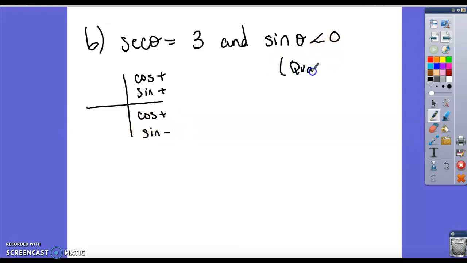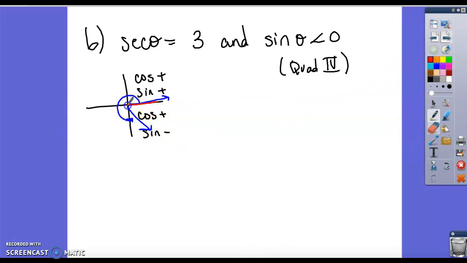So that means since sine has to be negative, I am looking for an angle in that fourth quadrant. If I were to draw that angle in standard form, the terminal side would be in the fourth quadrant.